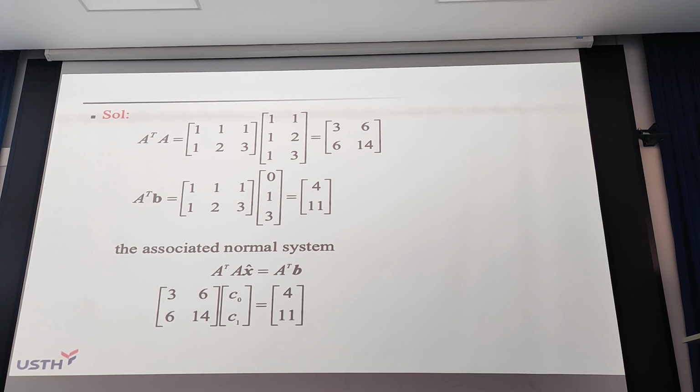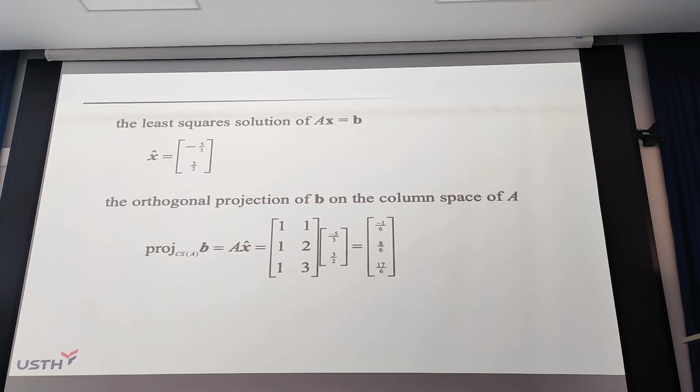First we need to find A transpose multiplied by A, and then A transpose multiplied by b. Then the associated normal system is that one. Our least square solution will be a solution of that system of linear equations. Solving that, we get x hat to be that one, which is exactly the least square solution of Ax equals b.